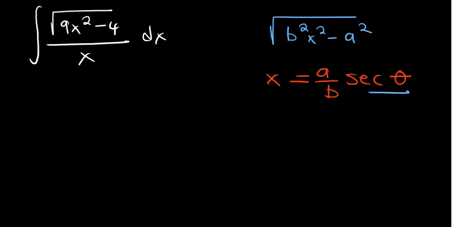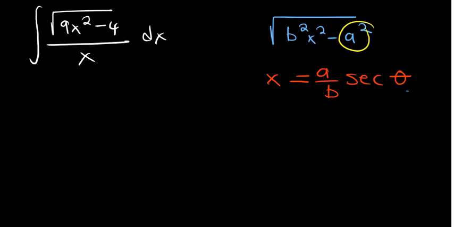Now let's get back here. Each time we have something in the form of b squared x squared minus a squared, we are always going to substitute this. Now we understand that b is always going to be the part that is attached to the value of x, and a is going to be the part that is isolated from x.